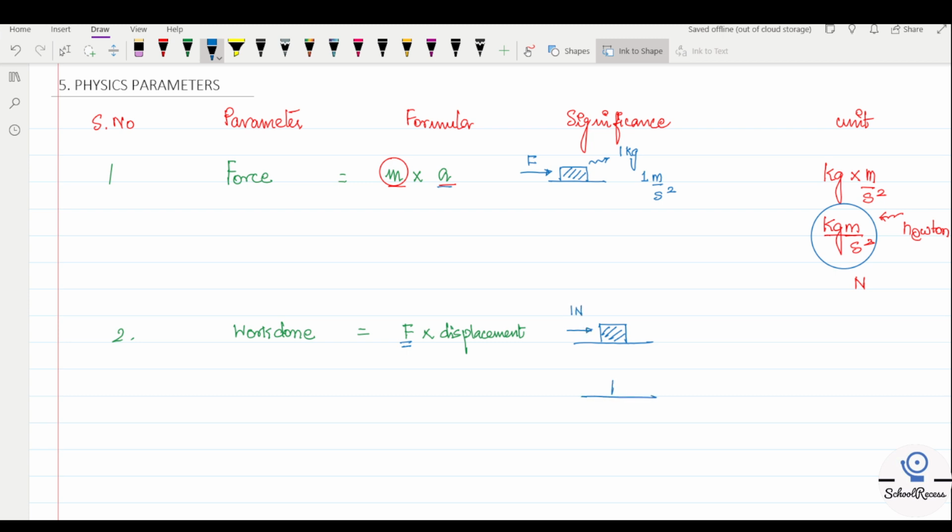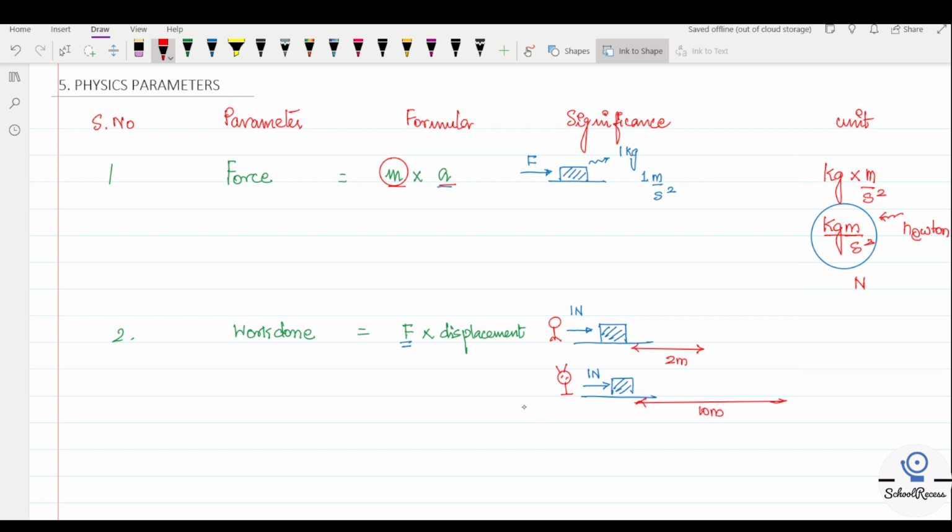We are having another block of the same mass, assuming the force to be a constant 1 Newton. If, say for example, one person is over here and he is pushing this object for a distance of 2 meter, another person who is standing over here is pushing this object for a distance of 10 meter.